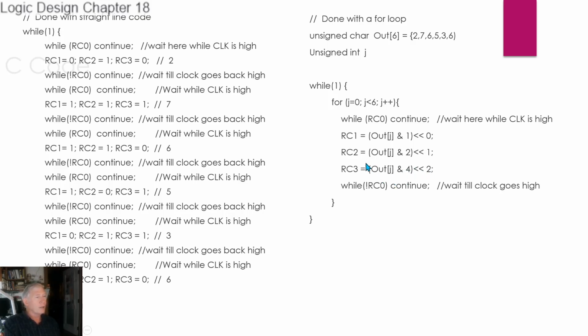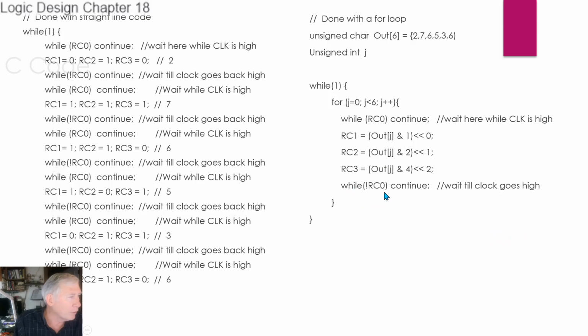That gives us our 3-bit representation for RC1, RC2, and RC3. Actually, we don't have to do that. We could just set this equal to the value, without the shifting. But we would have to do the shifting if we were going to represent it as a 3-bit port.